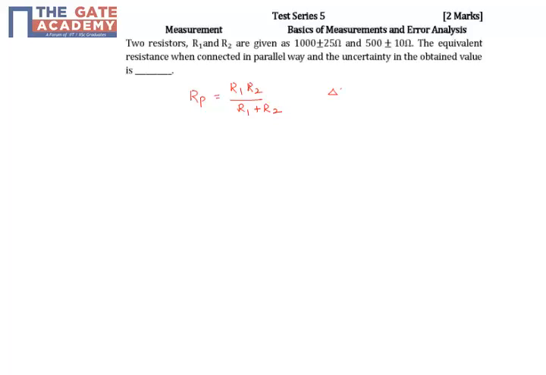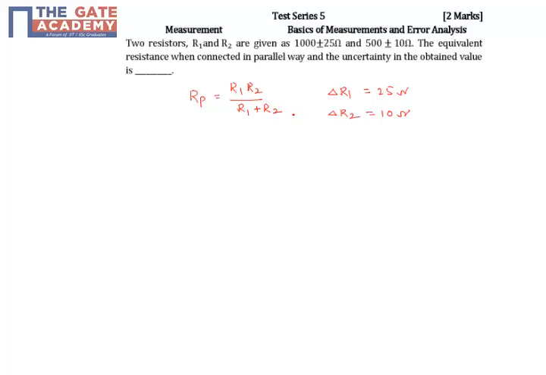So he has already given delta R1, he has already given delta R2. Delta R1 is 25 ohms, delta R2 is 10 ohms, R1 R2 is given, right?